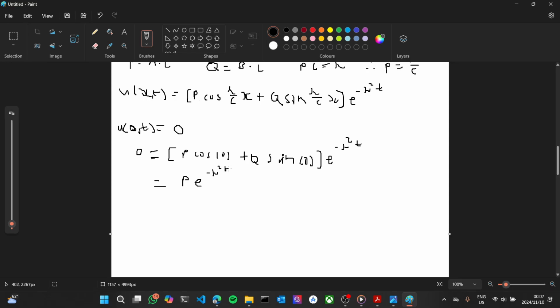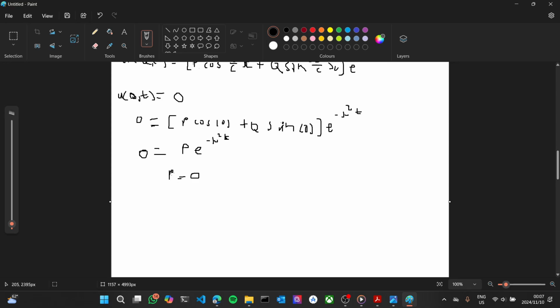And so now we might ask ourselves, what is the most reasonable value we can make here equal to 0 in order to make this expression true? And we certainly don't want that to be e of negative lambda squared t, right? Because t can't be, because the t is going to be useful to us in expressing this equation. So that means p will then have to be 0.